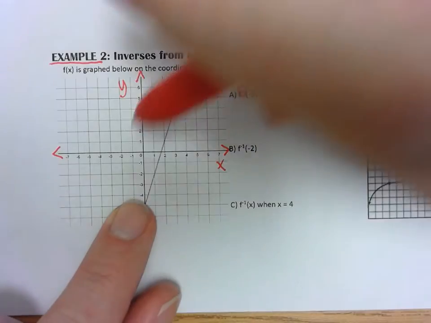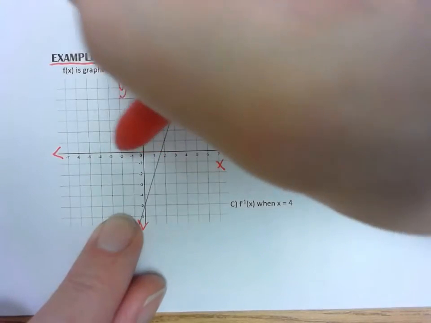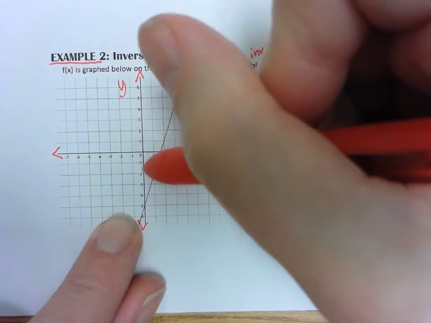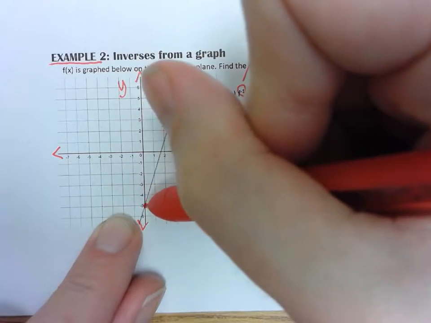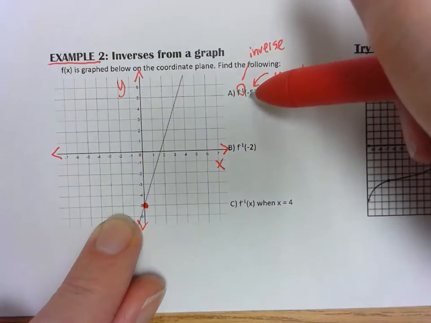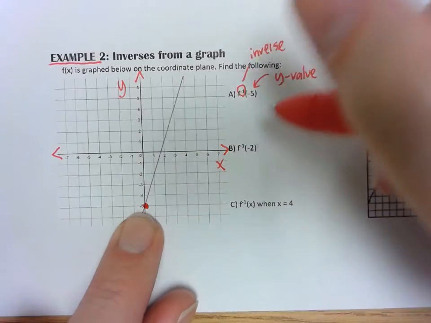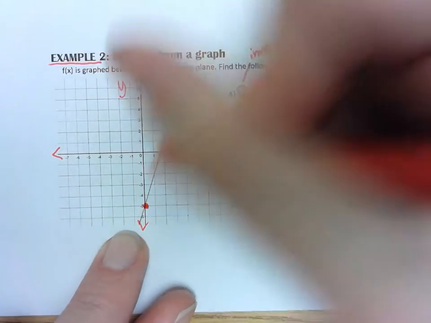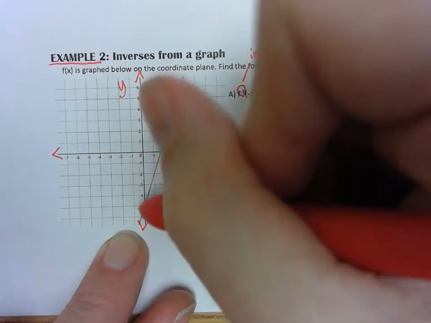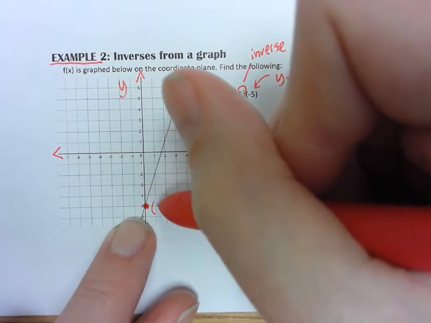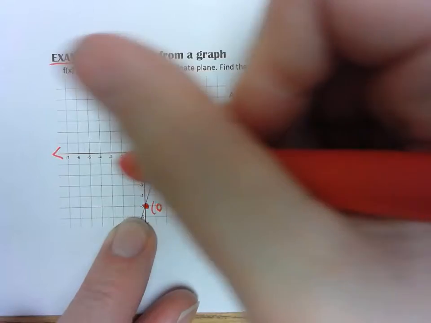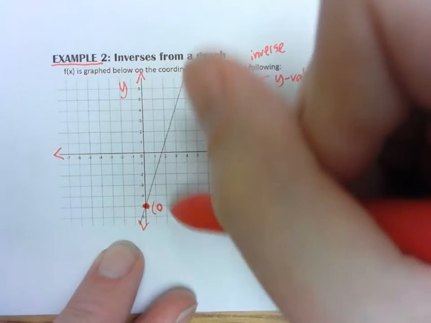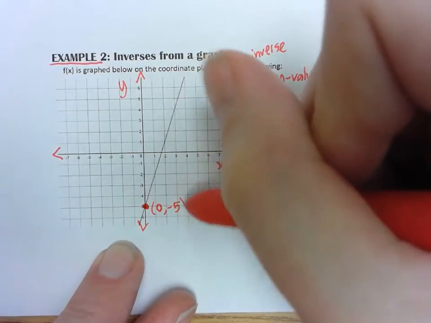So I don't want to go to -5 on the x-axis. I want to go to -5 on the y-axis. And what I want to do is I want to report my x value. So at that point, at -5 on the y-axis, that coordinate is 0 because it doesn't go left or right on that line, -5.